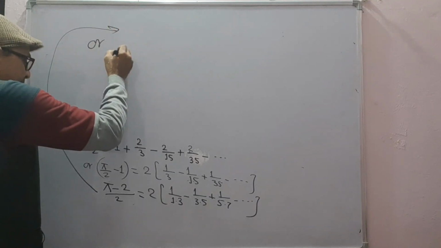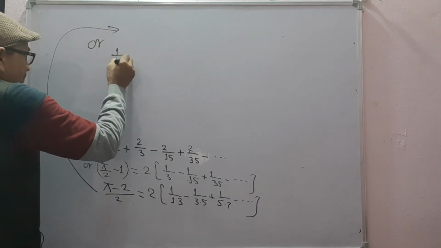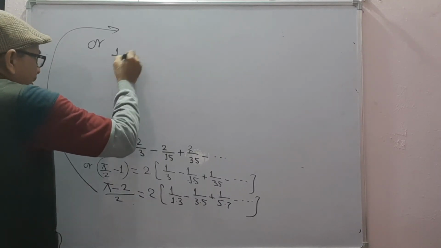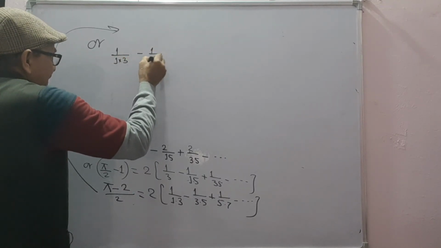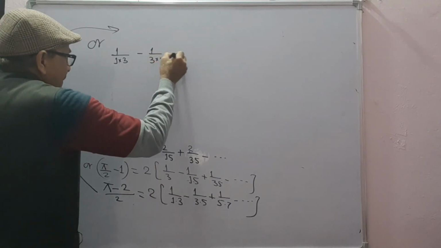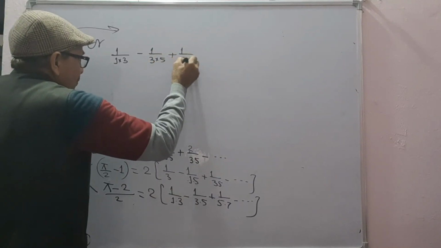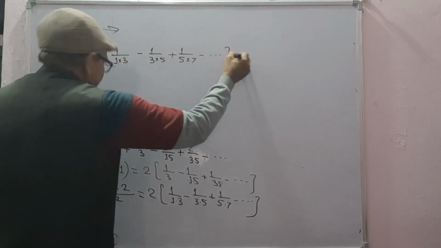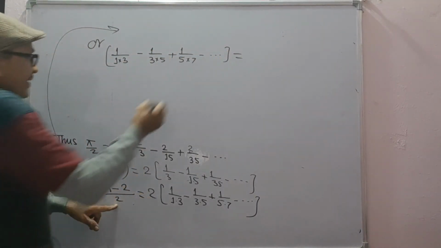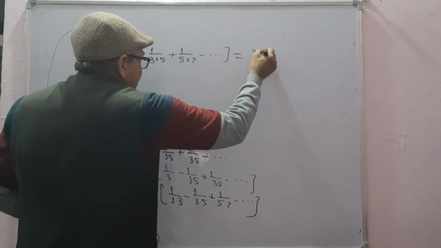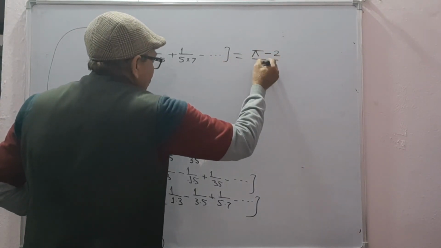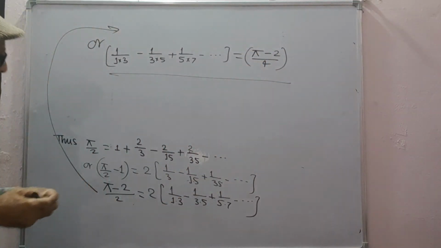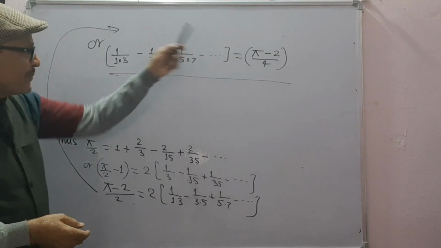Or 1 upon 1 into 3 minus 1 upon 3 into 5 plus 1 upon 5 into 7 minus dot dot will be equal to, this 2 comes here, pi minus 2 upon 4. This proves the second part, which is the summation of this series.